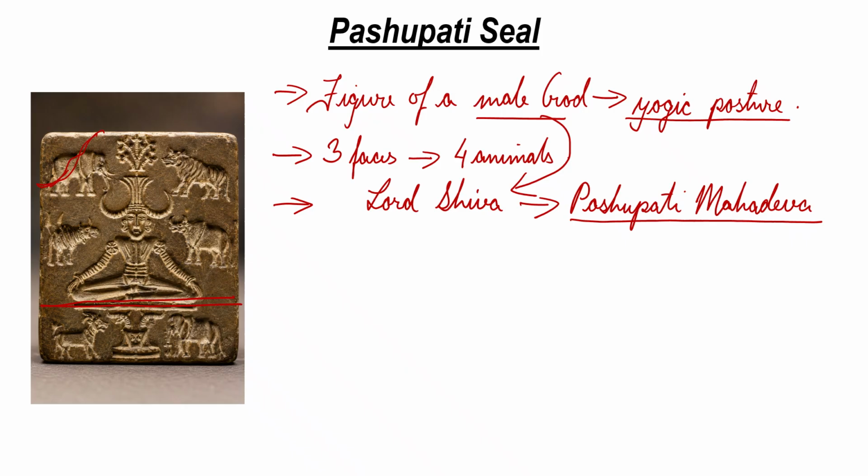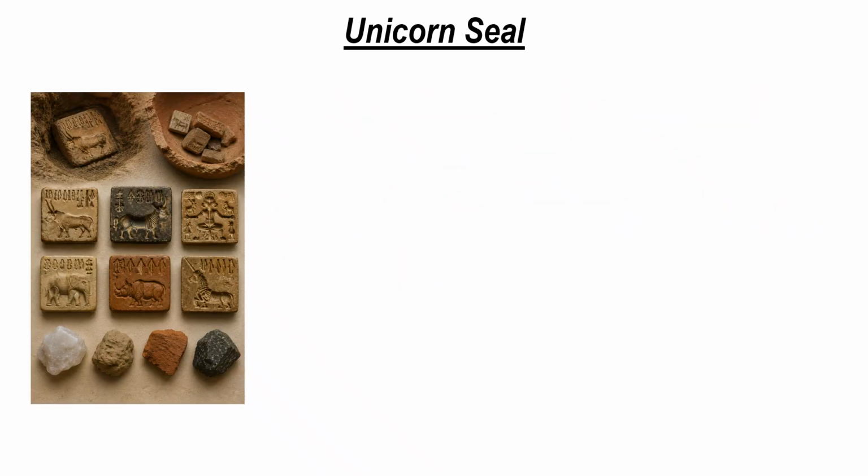The word Pashupati means Lord of animals. And this is a deity connected with animals and meditation. So yoga used to exist in India since a very long time, and that can be evidenced with the help of the Pashupati seal.